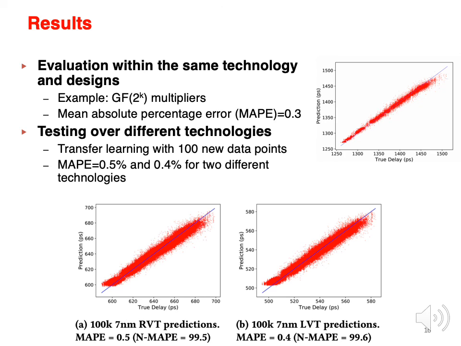But we are more interested in how it performs cross technologies, right? The bottom 2 figures show cross-technology prediction results with only 100 data points used for retraining or transfer learning. We can see that there's some degradation in prediction performance, but both cases are also fitted very well along the y equals x line with only 0.5% mean absolute percentage error.